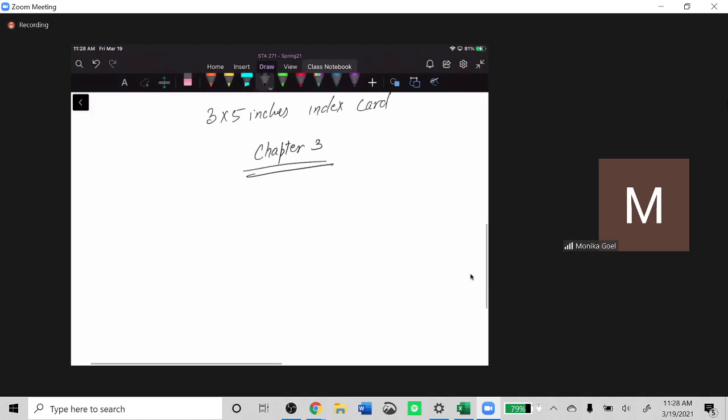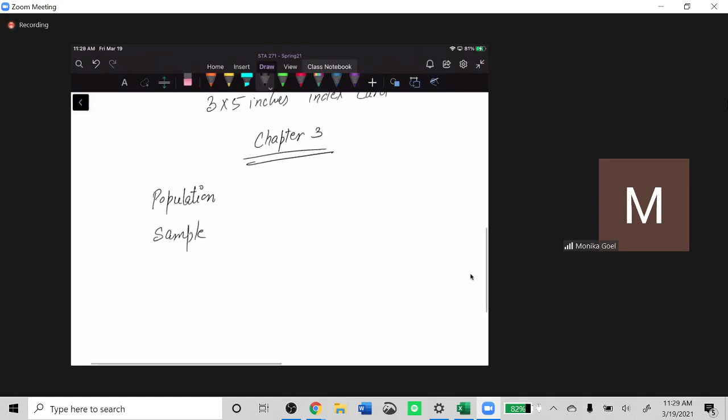So chapter 3, we started with the definition of population and sample. And I'm assuming you guys know what a population is, what a sample is. In this whole chapter, we were working with the sample, and population is basically the entire group of interest.